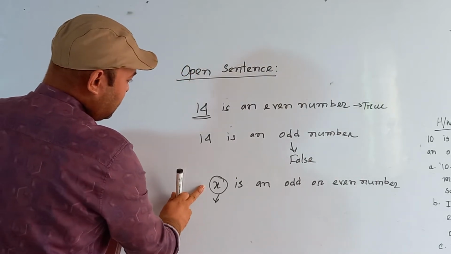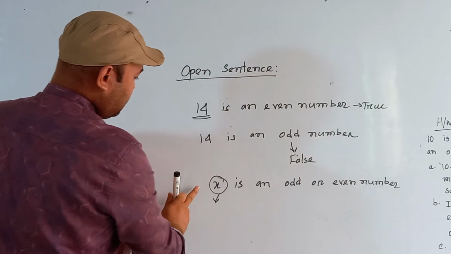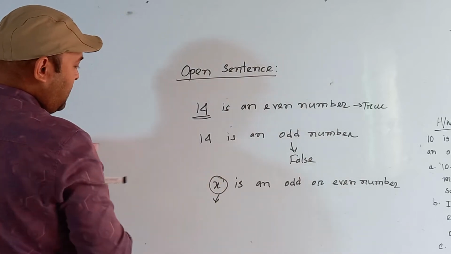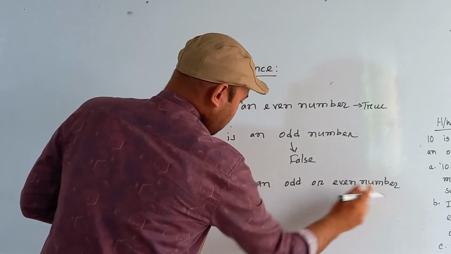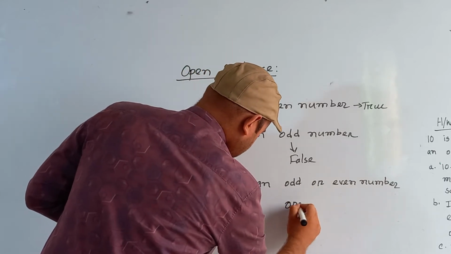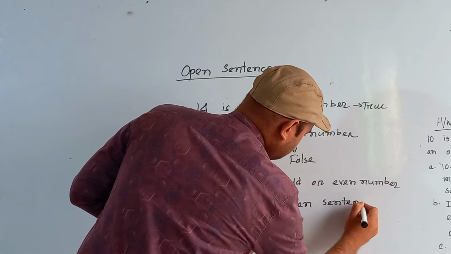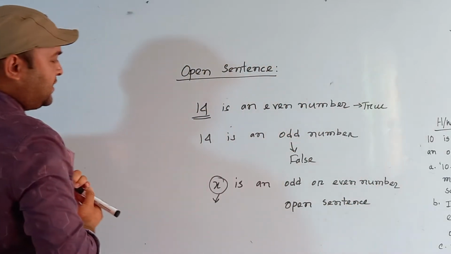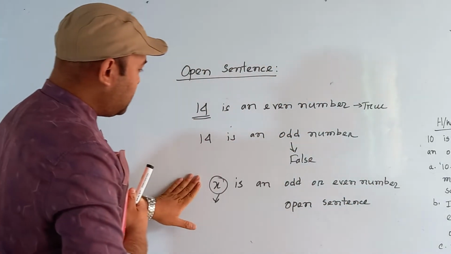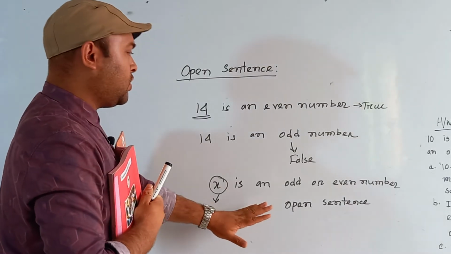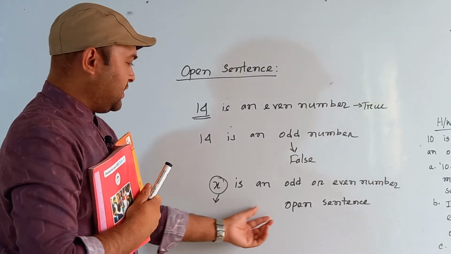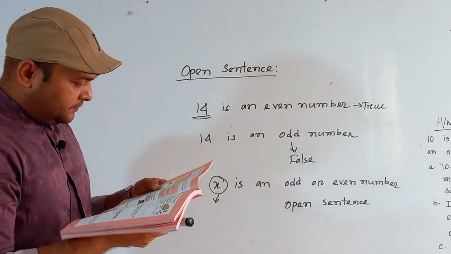So in this sentence we cannot justify whether it is true or false. So this sentence is called open sentence. So a sentence is called open when we can't determine whether it is true or not. This type of sentence is called open sentence.